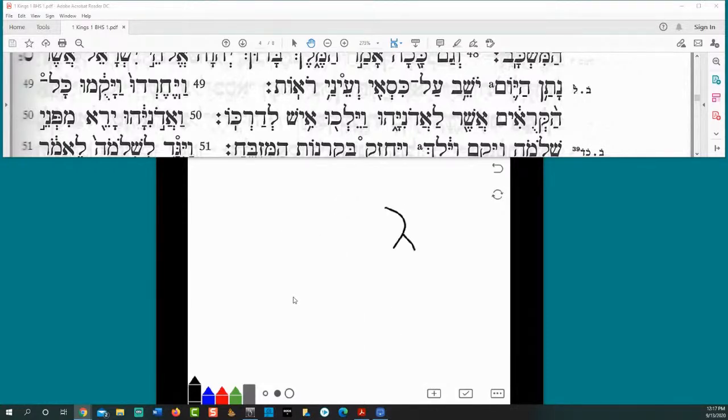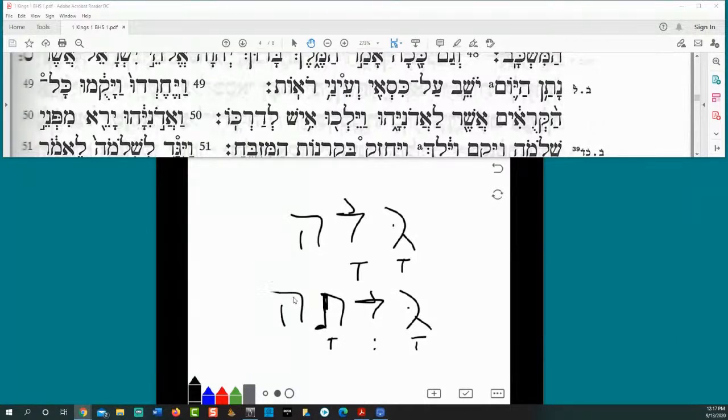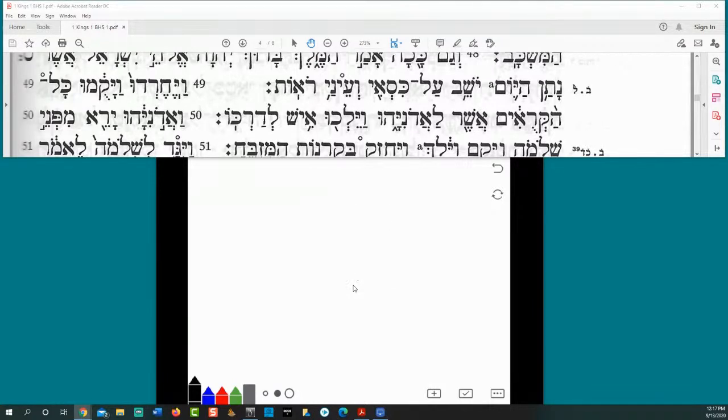So the third hay is gala. And then, like we saw in the construct form, oftentimes to accommodate an ending, that third hay will get strengthened and put a little foot on it. Right? Galata, it'll go to a tav here. Okay, so again, we talked about this in the past couple of videos with the qal and the piel. The same thing happens with the Hiphil.